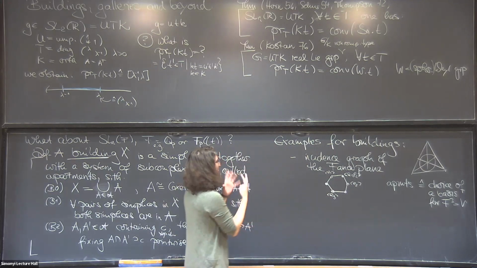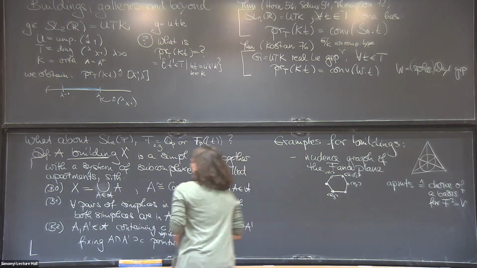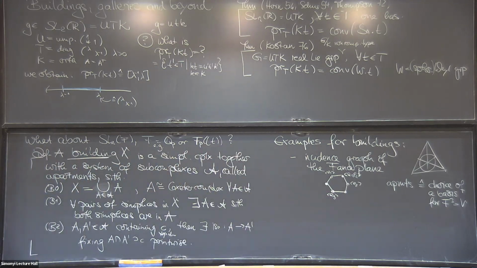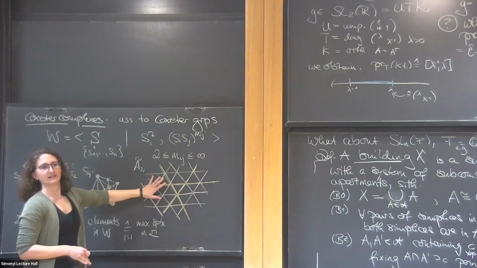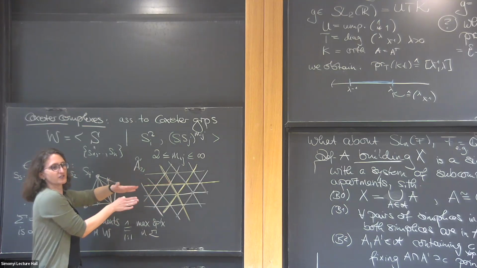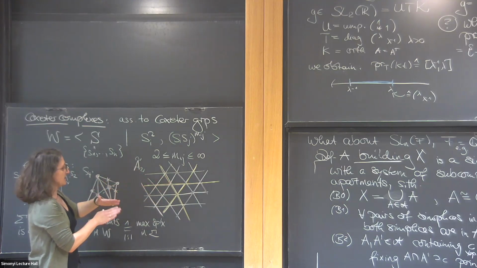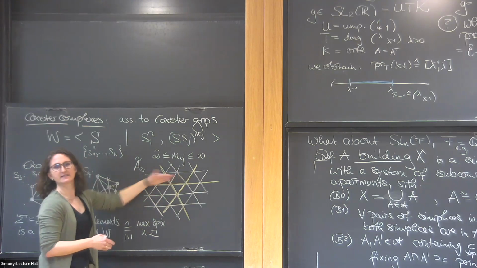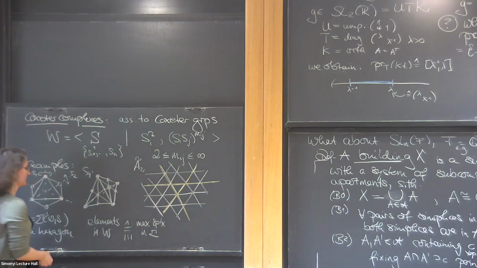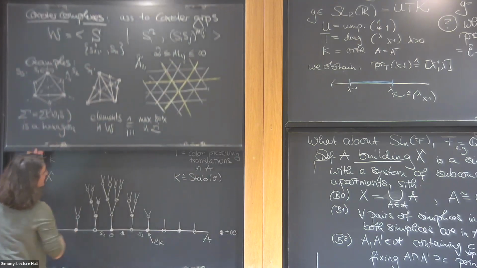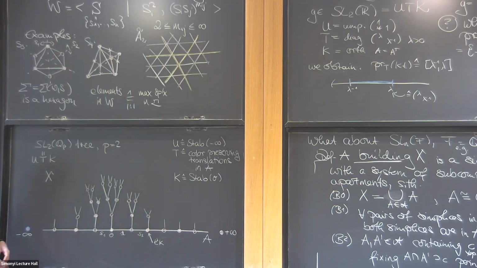So this is a gluing of hexagons. Affine buildings will be gluings of this plane here, where the intersection is always bounded by these hyperplanes along which we can reflect.